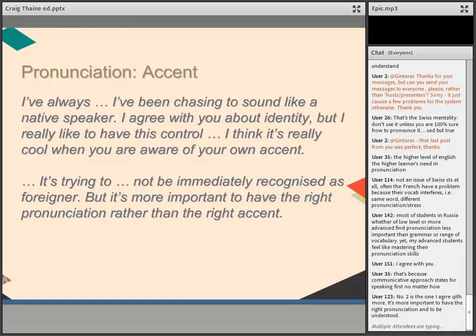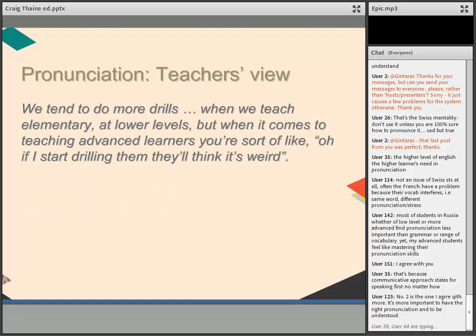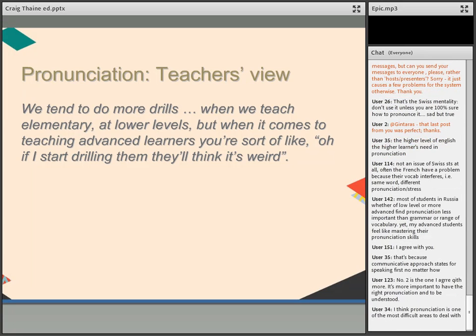I mentioned this focus on pronunciation to the teacher group that I worked with, and I asked them if they focused on pronunciation with advanced level learners, and if they didn't, why not? And this was a point of view that most agree with, and in fact I think I would probably have agreed with if I had been in the tutorial, not leading the tutorial, but participating.